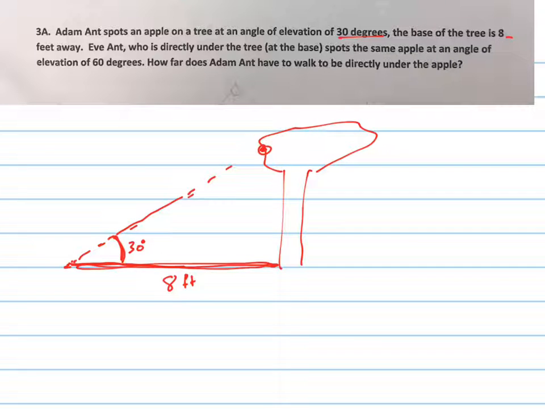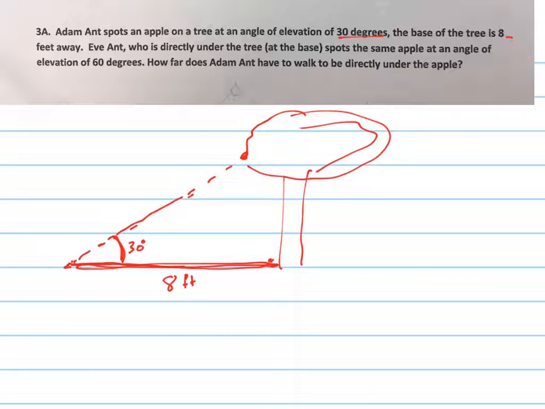Okay? Eve Ant, who's directly under the tree at the base, so here's Eve, directly under the tree, spots the same apple at an angle of elevation of 60 degrees. Let's see. The way they're saying this, the tree must be a little bit wider like that. So let me fix that.